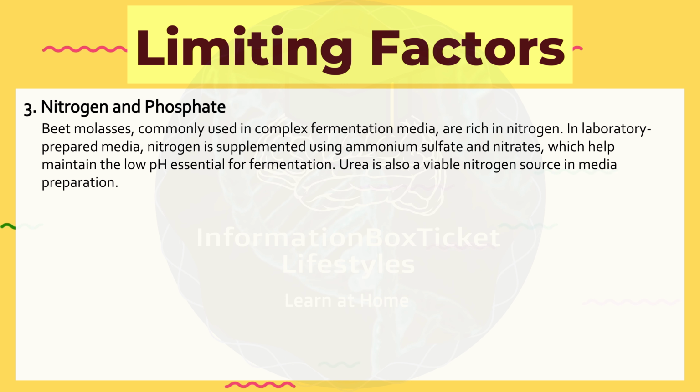Beet molasses, commonly used in complex fermentation media, are rich in nitrogen. In laboratory-prepared media, nitrogen is supplemented using ammonium sulfate and nitrates, which help maintain the low pH essential for fermentation. Urea is also a viable nitrogen source in media preparation.